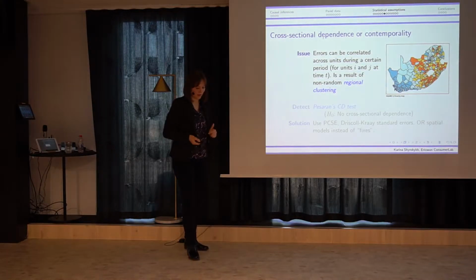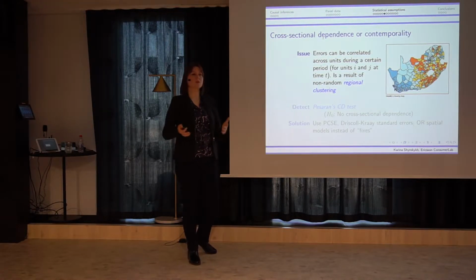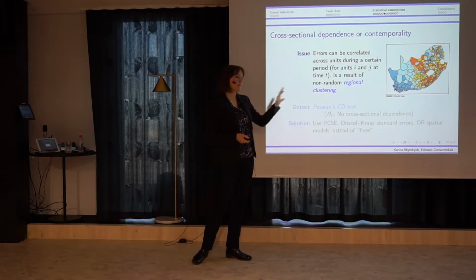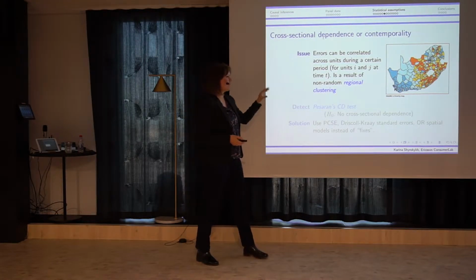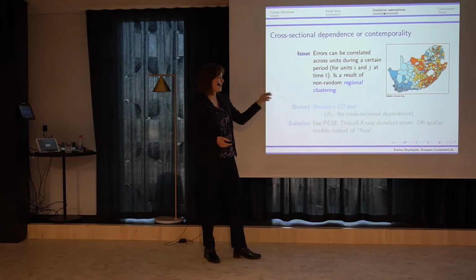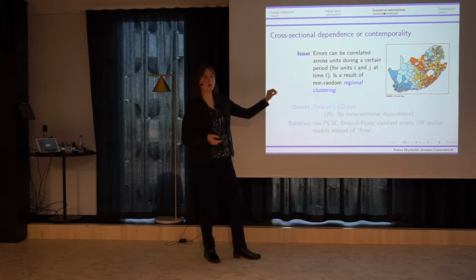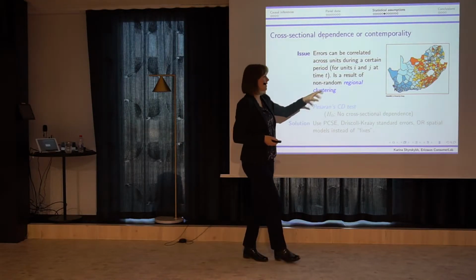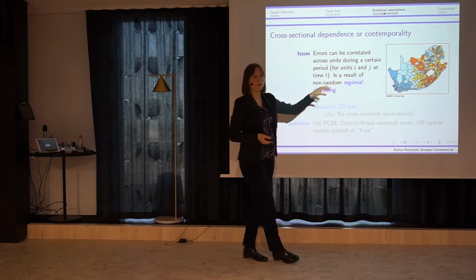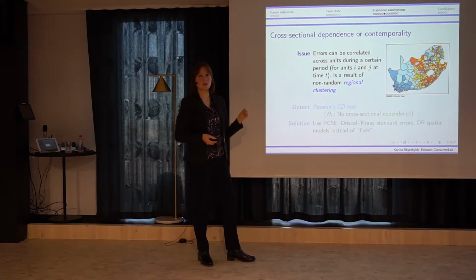Another issue that you can have in your data, and in fact we often see this when we analyze regional data, is regional clustering. And then you violate the assumption that individual units of analysis are independent of each other. So they might be dependent sometimes. In this case, it is a poverty map, and you can see that there is some regional dependency.